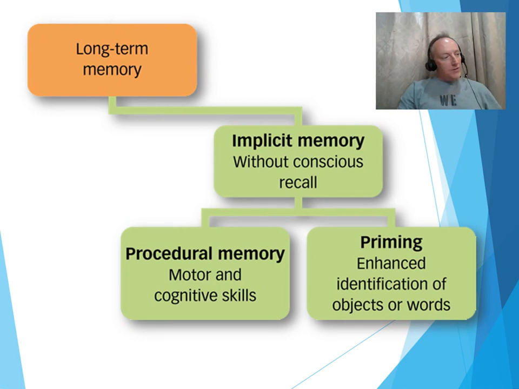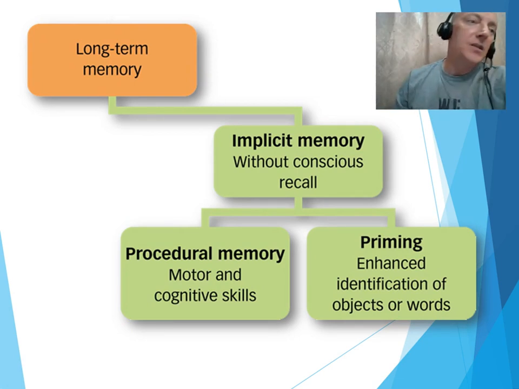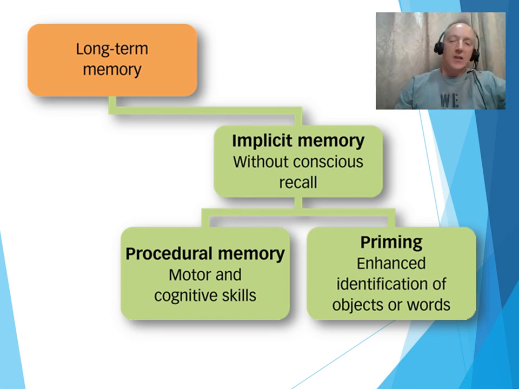Implicit memories include things like your procedural memories. It includes priming. It would involve the unconscious aspects of a memory. So for example, like I said, if he had doctors interacting with him daily, he would not remember those interactions.